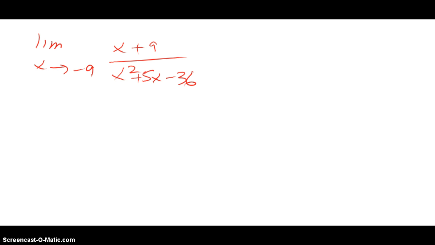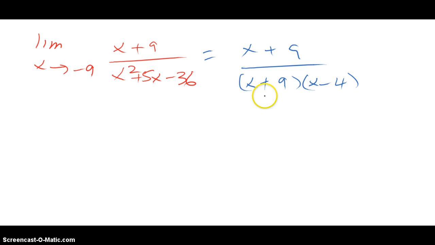Alright, if you plug in negative 9 here, you're going to get 0 over 0, which doesn't really tell us anything, so I hope no one's going to put 0 as their answer. What we need to do here is factor, and when we factor, we're going to get x, and we're going to get a 9, and a 4, and that's negative, and that's positive.